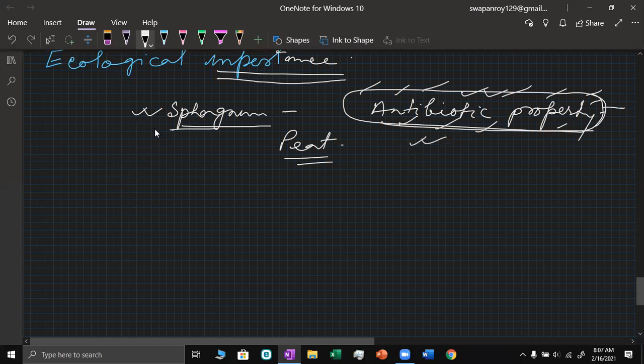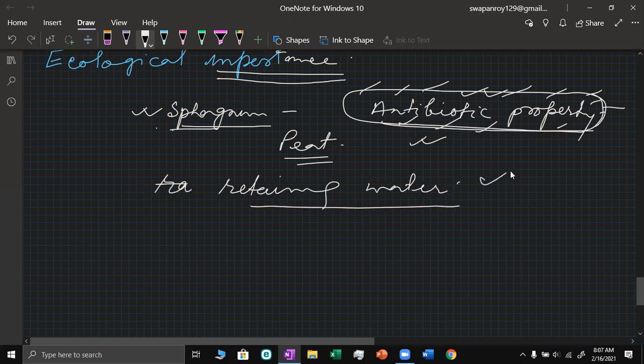And this sphagnum and some other leafy mosses have a huge capacity of retaining water in their body, and when they are dry, they are very spongy.